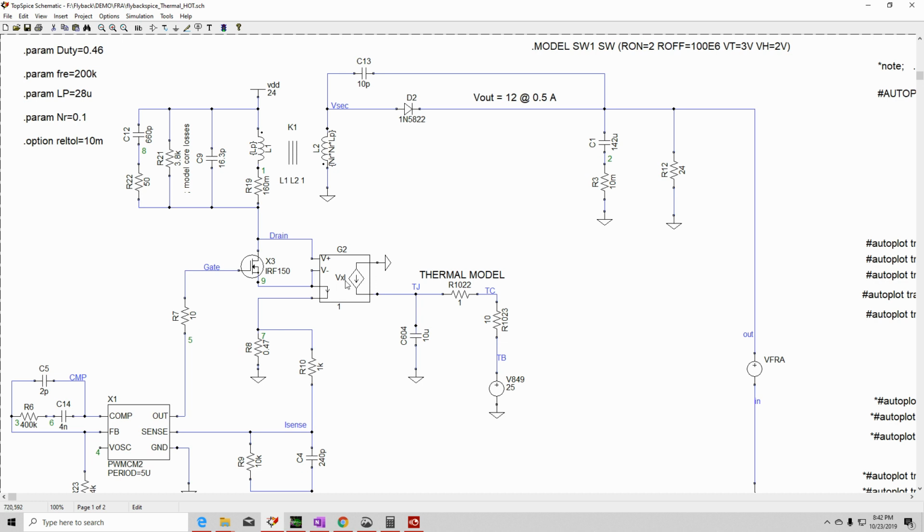So then you typically, when you mount on a board, let's say your board there, and you have your transistor mounted here, well, that's a case. I'm going to put C for case, but the board temperature may be at 25 degrees.